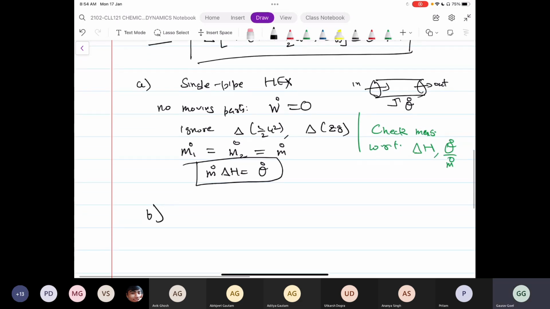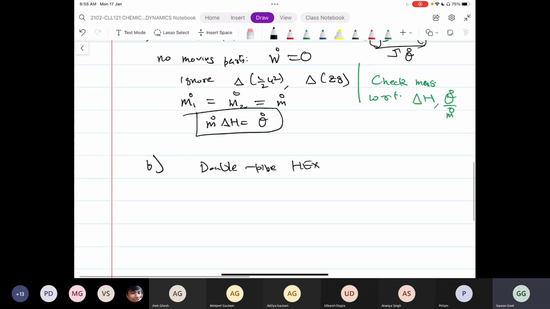Second case is a double pipe heat exchanger. For all of these problems, it would be best to first draw the schematic of the process and then attempt to do something. If you can draw the schematic correctly, most likely you will put in the correct simplification also.